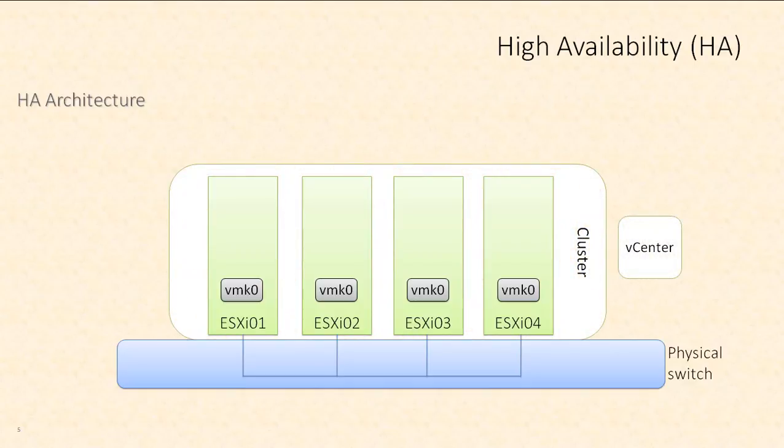We also have to group together these hosts as a cluster and enable high availability. And once we do that, an election is going to occur. And one of these hosts is going to become the master, and the rest of the hosts will become the slaves. Now my cluster has been established, HA has been enabled, and my hosts have elected a master, and all of the other hosts have become slaves. What happens now is the fault domain manager runs on each of these ESXi hosts.